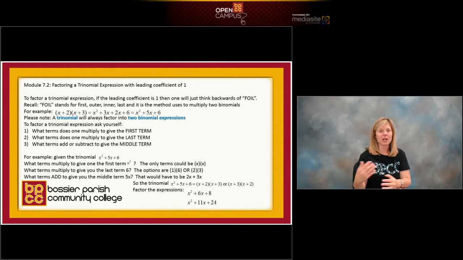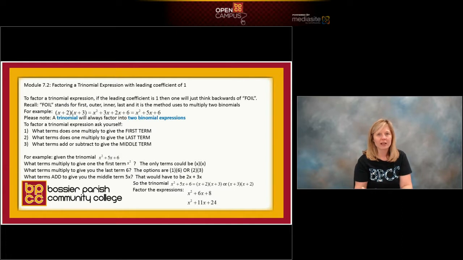Outers would be x times positive 3, which is positive 3x. Inners would be positive 2 times x, which is positive 2x. Last would be positive 2 times positive 3, which is positive 6. We know when we do FOIL, we get 4 terms. But we also know the terms in the middle, the outers and the inners, are like terms. We'll put them together. And that's where we'll get the trinomial x squared plus 5x plus 6.